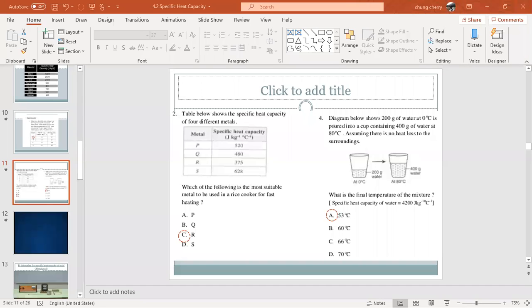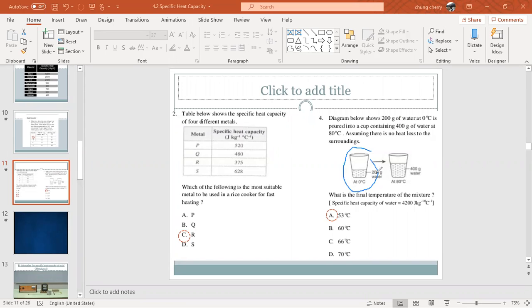Okay, so now this part. We have 2 cups of water. 1 cup of water is 200 gram, with the temperature at first is 0 degrees Celsius.